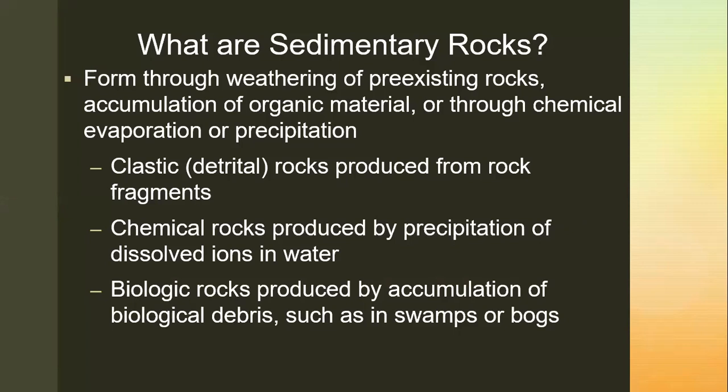Metamorphic rocks can turn into sedimentary rocks, or igneous rocks as well can turn into sedimentary rocks after going through the sedimentary process. So it's like the definition here says: accumulation of organic material through chemical evaporation or precipitation. So pretty much through different types of weathering is how you get sedimentary rocks.